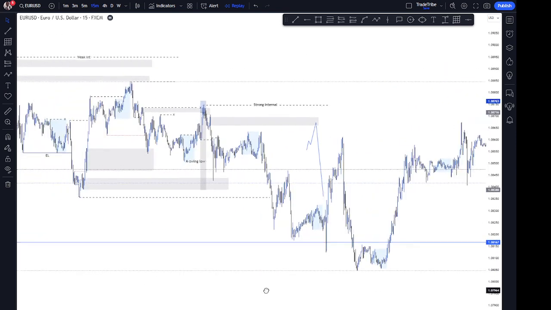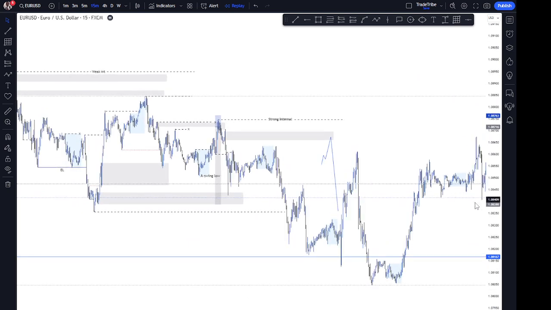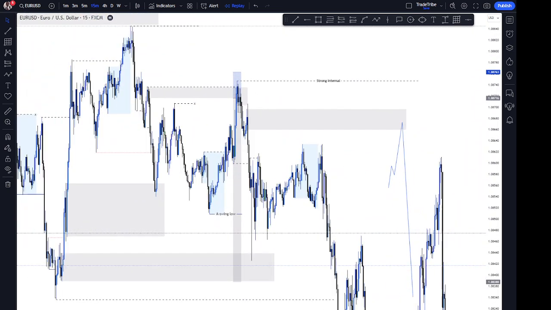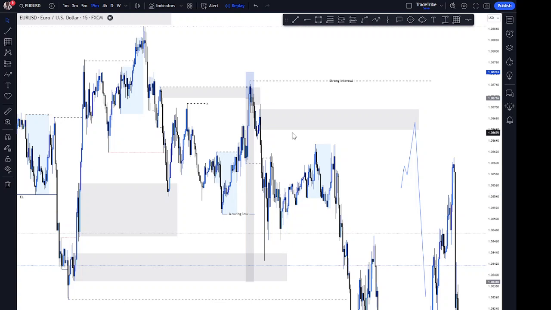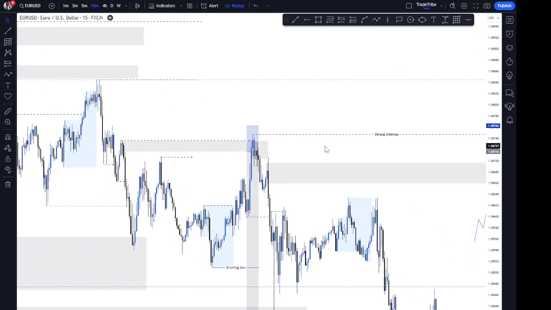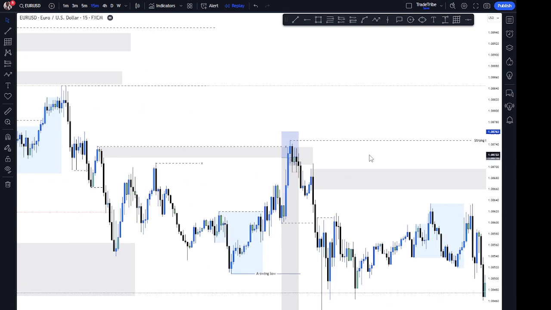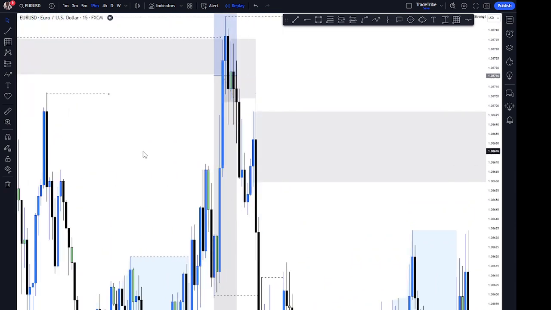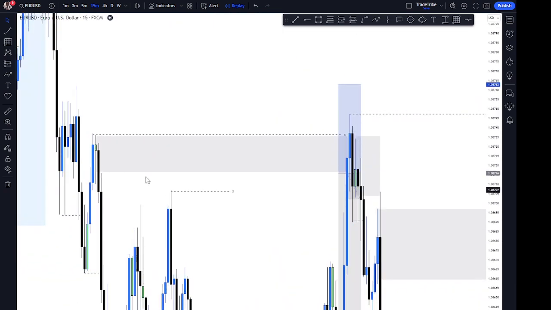It's a trade I took, was it last week? Then it tweaked me out. So here's another example.